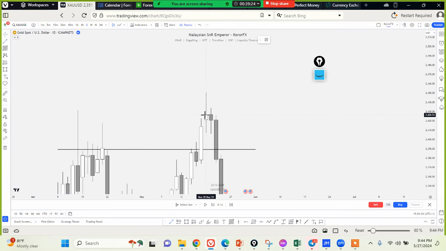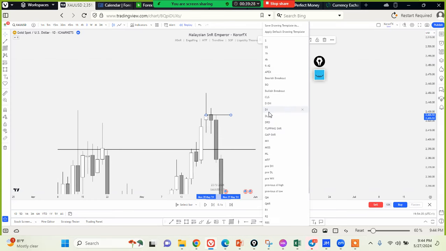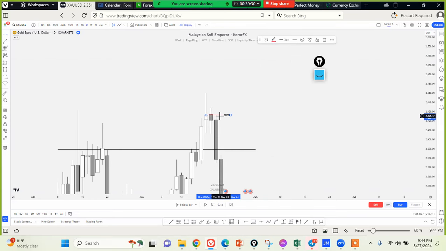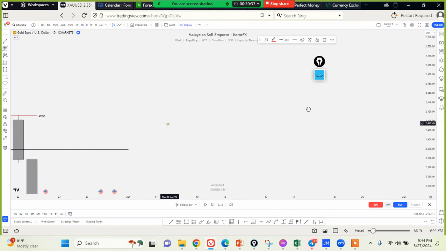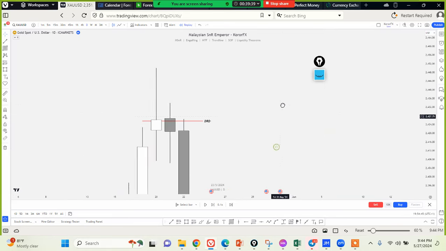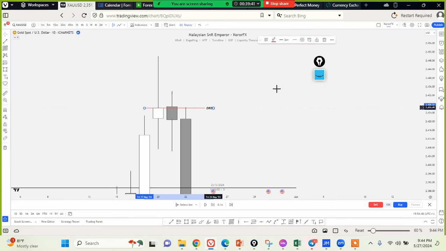Look here. There is a daily reject daily, and that's why price is selling. You cannot see it clearly. You guys can see. Look there.